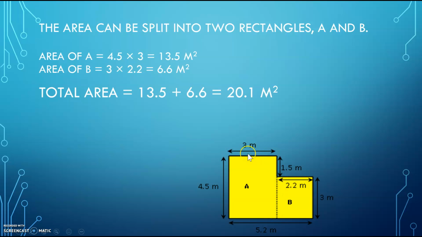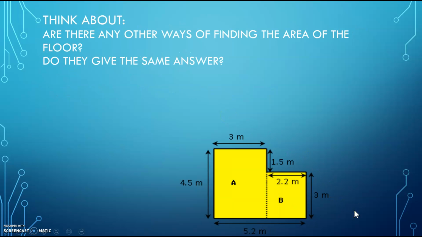Now we can calculate the area of A, and we can also calculate the area of B. If we look at A, that would be 3 times 4.5. Then we do the area of B, 2.2 times 3. Now that we have the total of both of those, add them together to get the area of the entire shape.